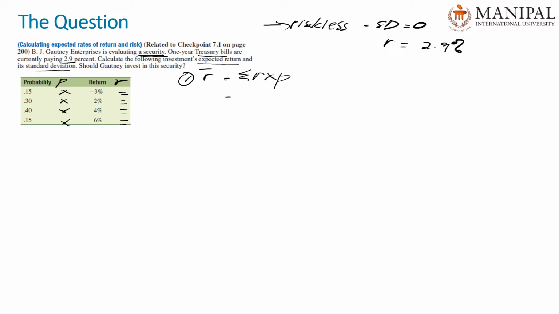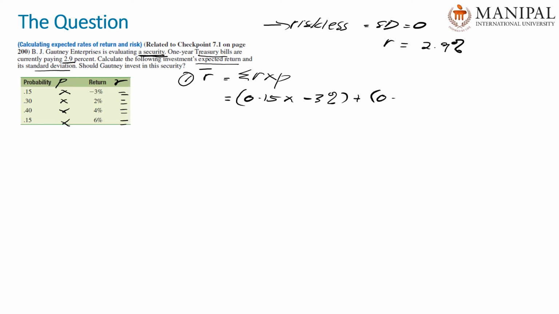So if we put it in writing, it is 0.15 multiplied by negative 3%. Some of the students did not change one of them into a decimal, so you're going to get super big figures, which is inaccurate.